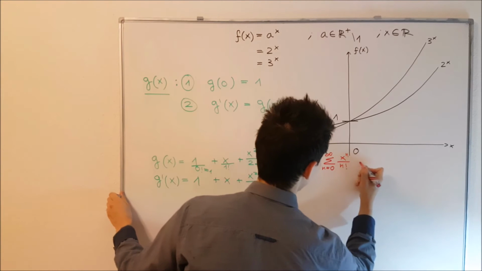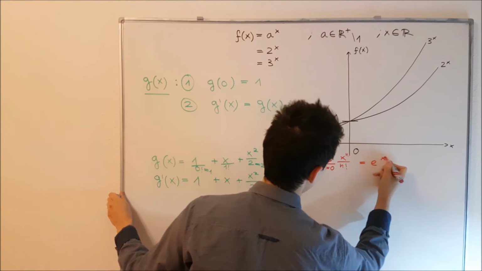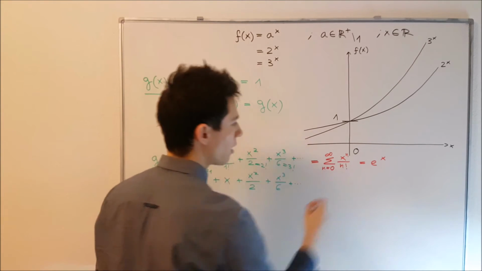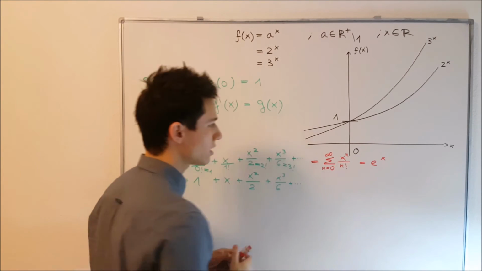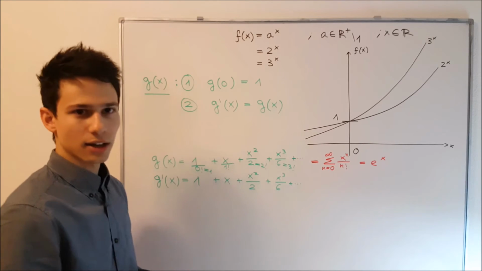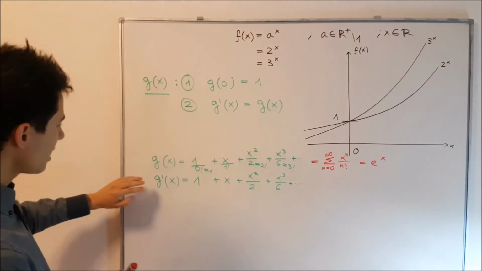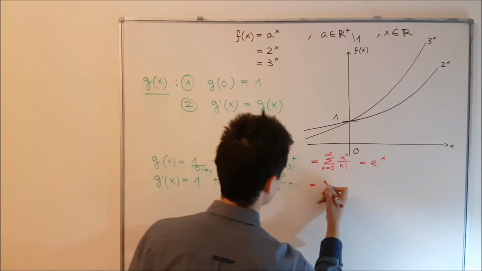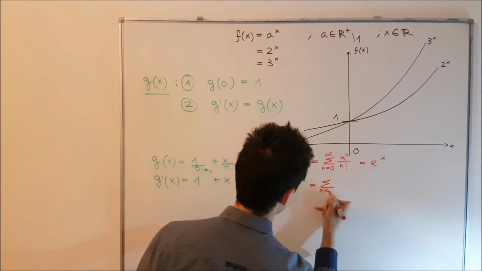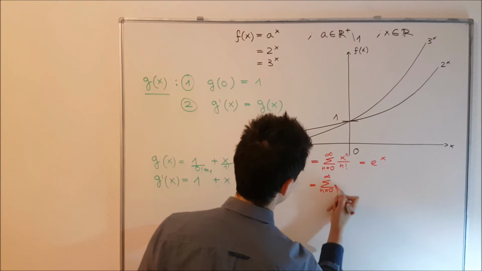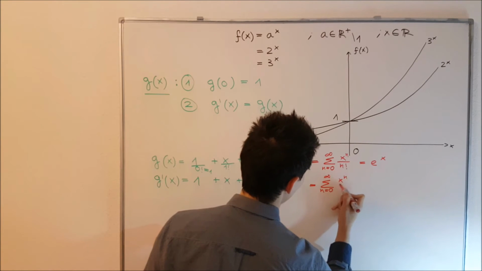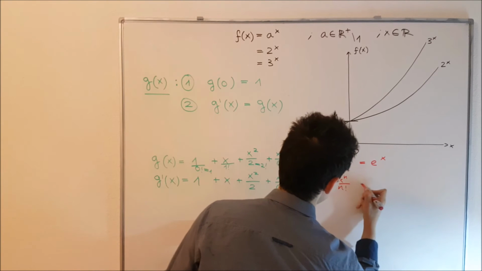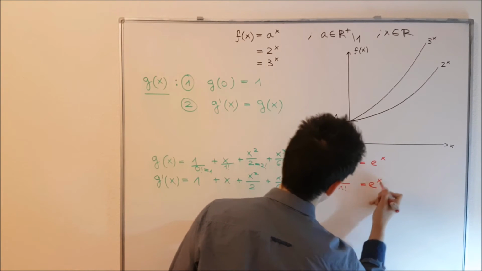This is what defines e to the power x. So if you set your argument in e to the power x, or in this series, you will get the same result. And we will get the same infinite series for the derivative. So this as well would be the sum from n equals 0 until infinity of x to the power n divided by n factorial. And this as well is e to the power x.